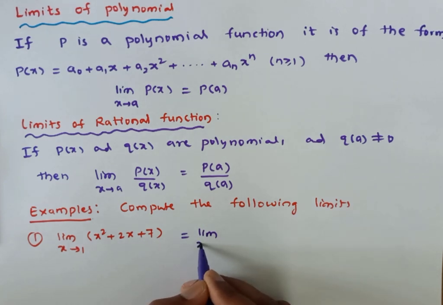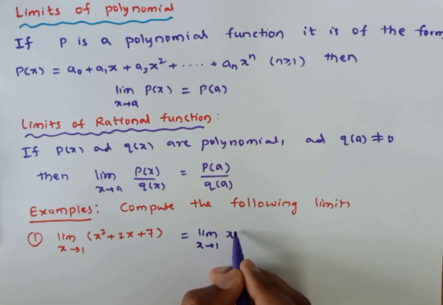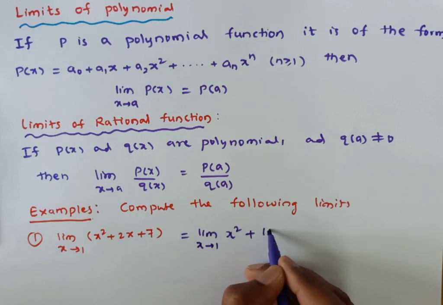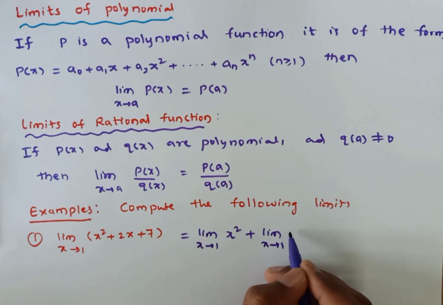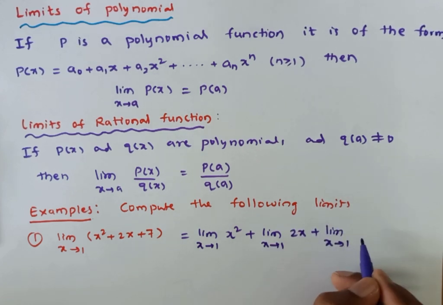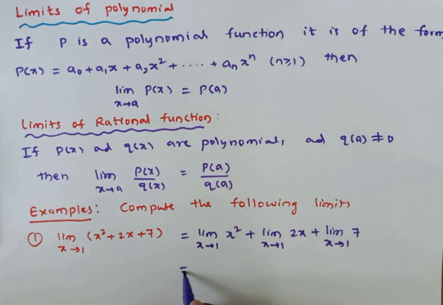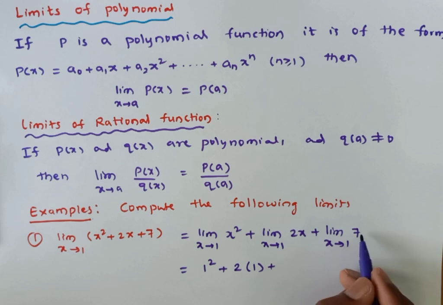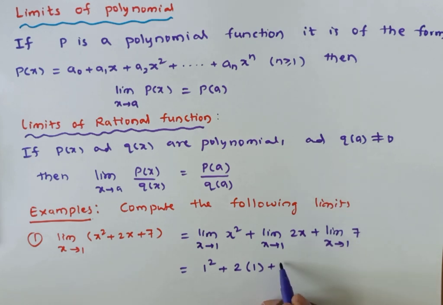So this is limit as x tends to 1 of x square, plus limit as x tends to 1 of 2x, plus limit as x tends to 1 of 7. Now as x goes to 1, x square is 1 square, plus a constant multiple, 2 into limit as x tends to 1 of x, which is 1, plus limit of 7, which is a constant and always remains a constant.